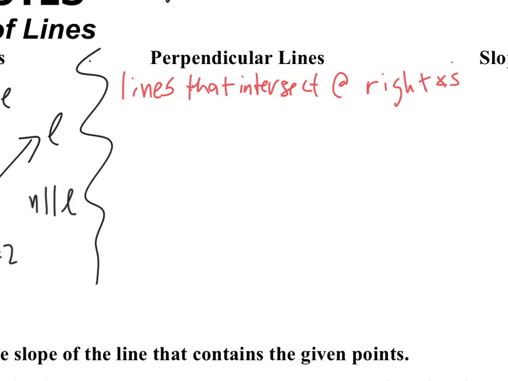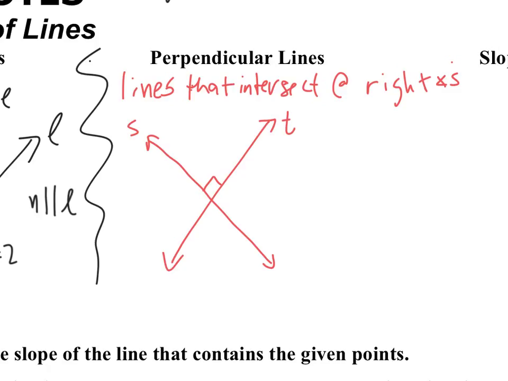So if I were to draw perpendicular lines, I'd have these two lines here and here. I'm going to call this line S, and this line T. These intersect and they form a 90-degree angle here.